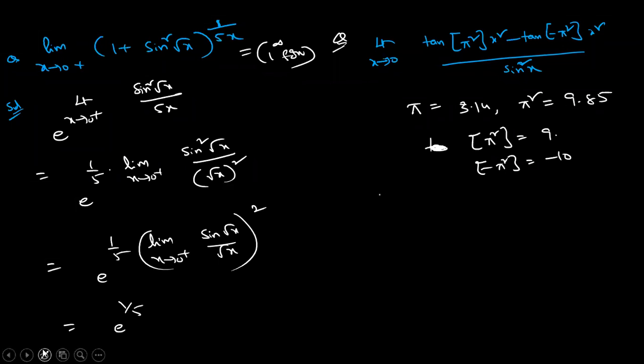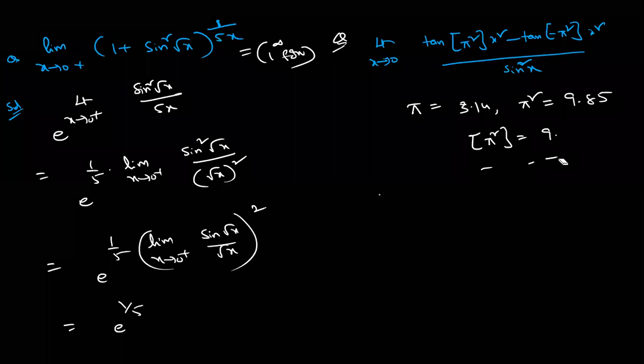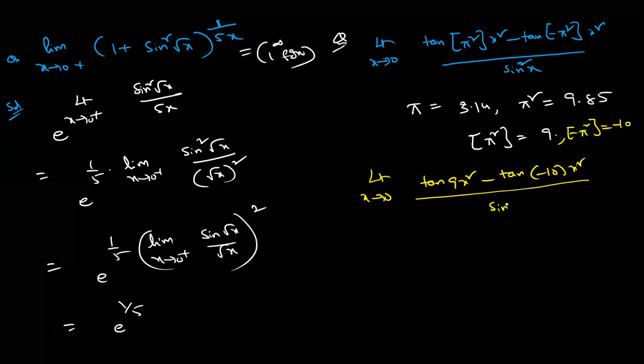How much is coming? Just a minute. Students, integral part of minus pi square is minus 10. So limit x tends to 0, tan 9x square minus 10x square by sine square x. How to solve this one?